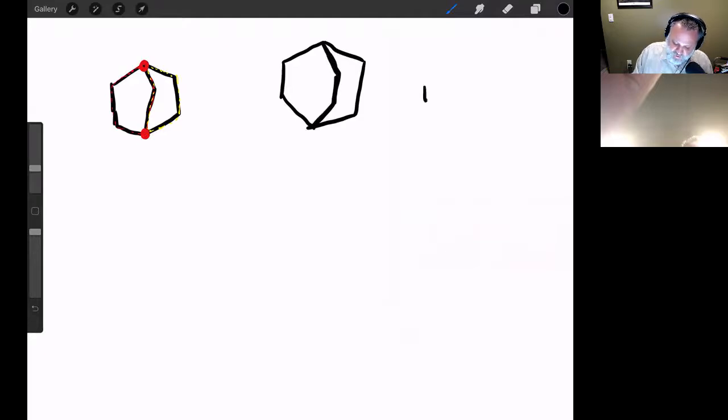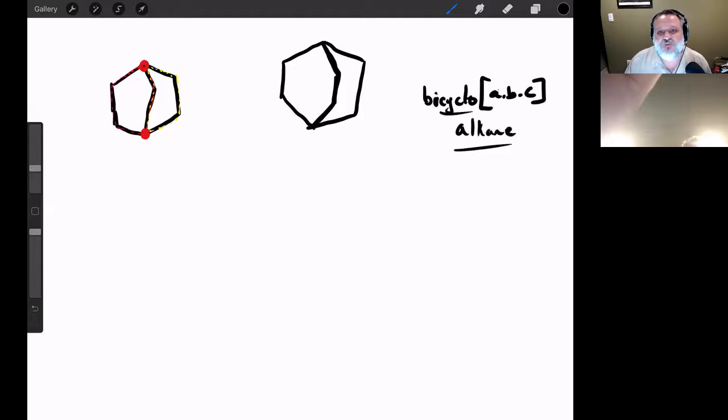So it'll be bicyclo, then a set of numbers A, B, C separated by dots, and then the alkane name. As I said, it is fairly straightforward to name bicyclic compounds. The only difference is, what is this A, B, and C business, and what is the alkane name?